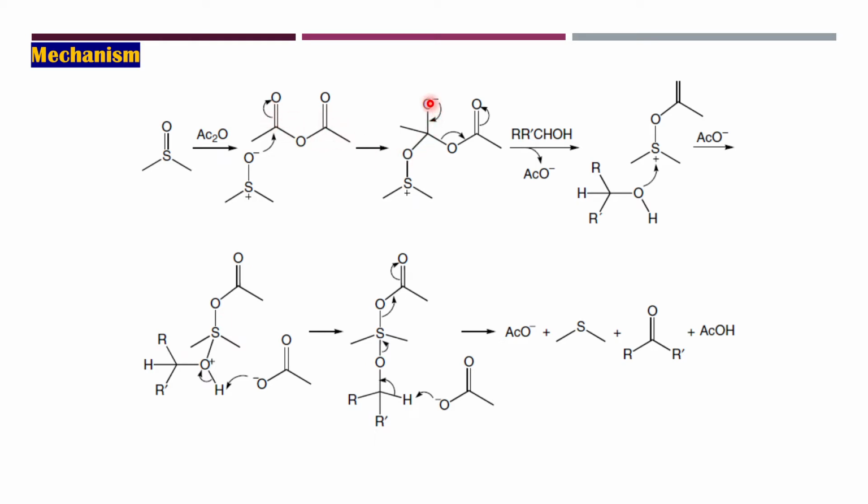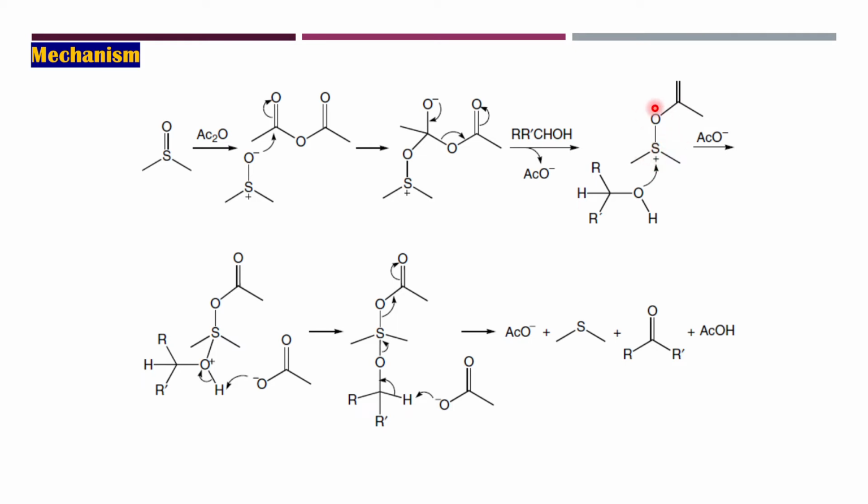And as we know in the addition substitution reactions, once this comes back, the leaving group acetate will go away, and that leads to the formation of this type of a sulfonium. Okay, because it is having sulfur with a positive charge.